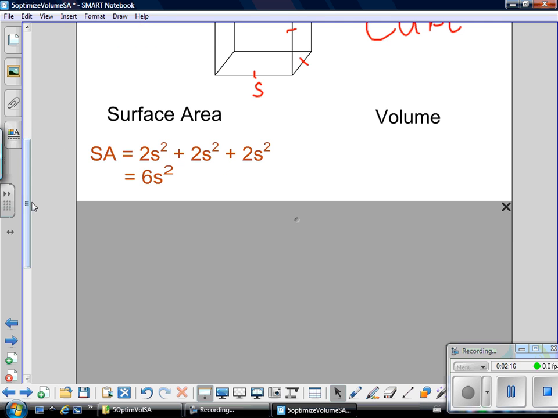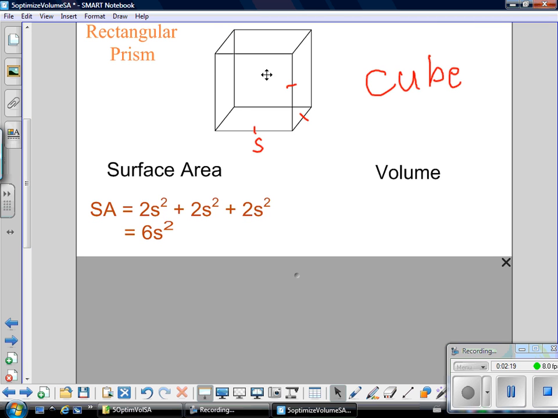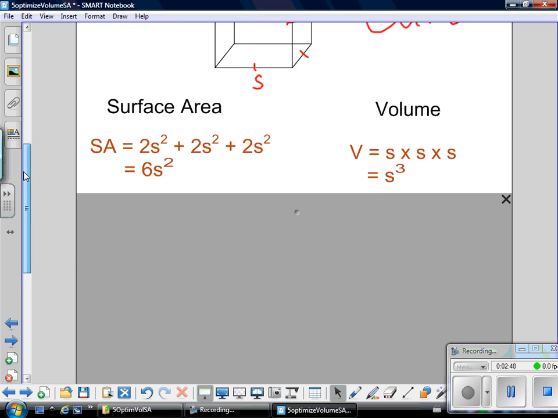We have 2 faces this way, a top face, a bottom face, and 2 side faces. So we end up with 6s squared. The area of one face is s times s, which is where we get our s squared from, and there are 6 of them. When we're talking about the volume of a cube, we're talking about s times s times s, because it's length times width times height. They're all the same, so we end up with s cubed.